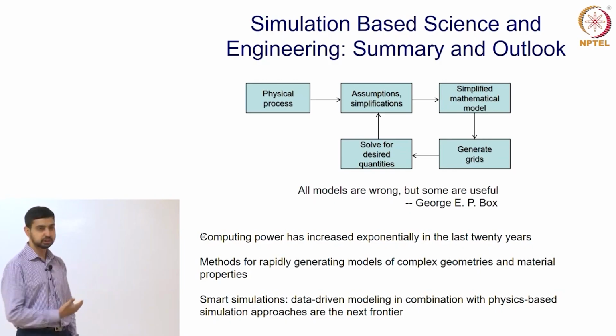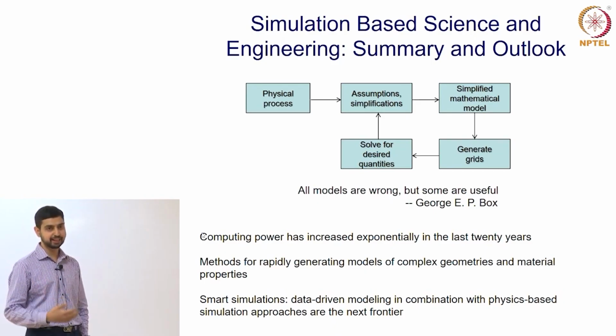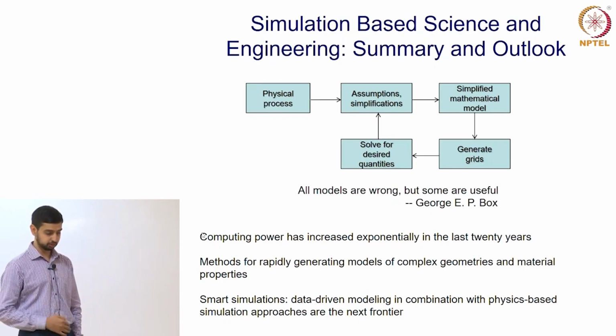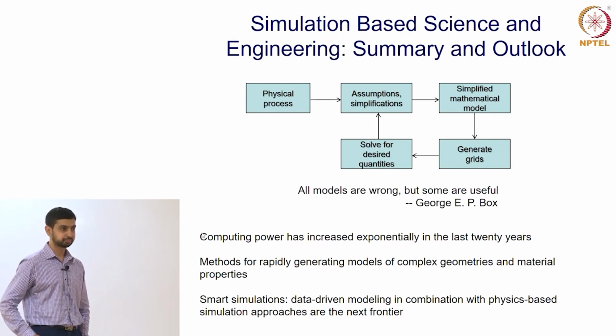Your constitutive models may not necessarily be prescribed by you, but can be developed using some sort of a deep neural network, etc. So this is, I think, the future of where engineering and science is headed, and I would be open to any questions that you may have.